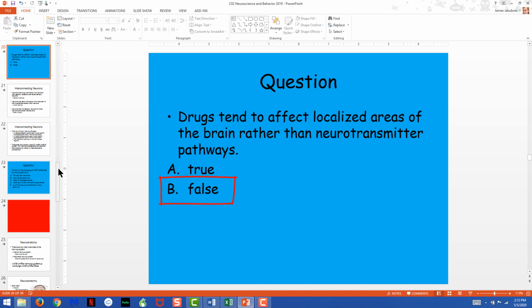Now, the anti-anxiety medication may diffuse into areas of the brain in which there are no controls for anxiety, in which case that drug is essentially going to do nothing. But if it diffuses into the area that controls anxiety, then it will decrease the level of activity at those synaptic gaps and thereby decrease the amount of anxiety that the person experiences.